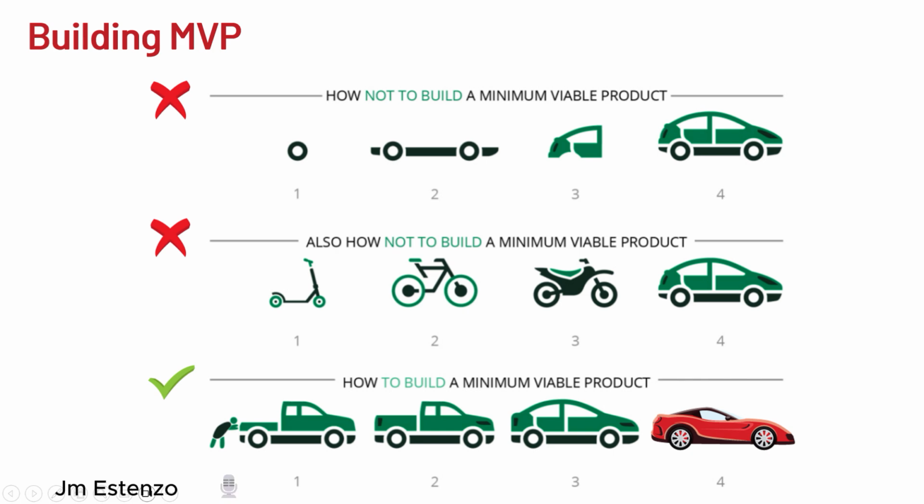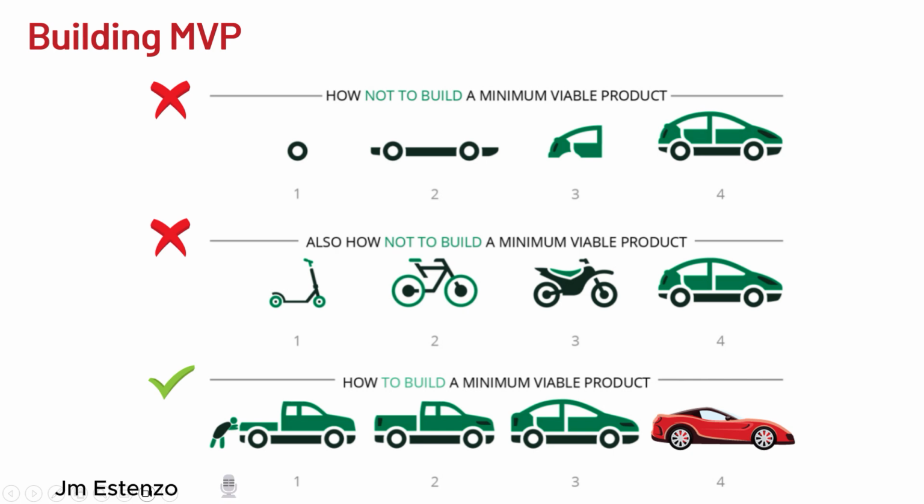The right approach is delivering value from day one. The third row, marked with a green check mark, shows us how to build a minimum viable product correctly. The focus here is on delivering a functional, valuable solution at every stage. Pointing to step 1. Our very first step, the MVP, isn't a partial car. It's a functional pickup truck or a basic car.